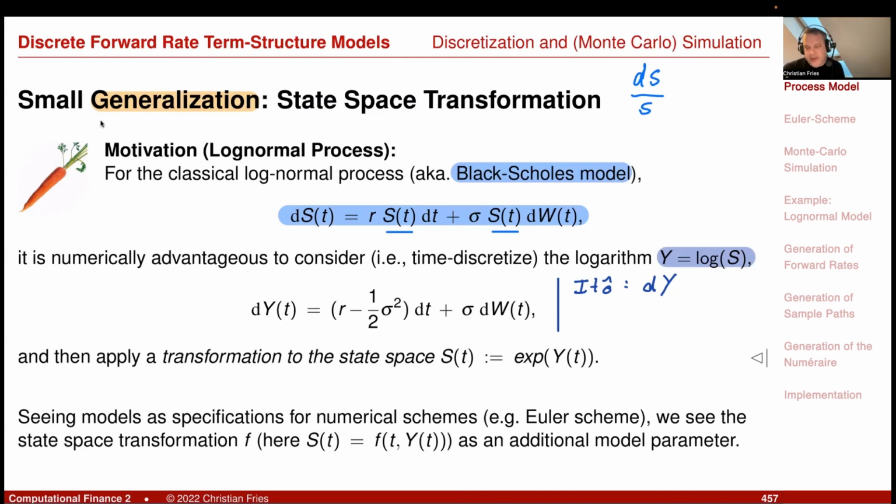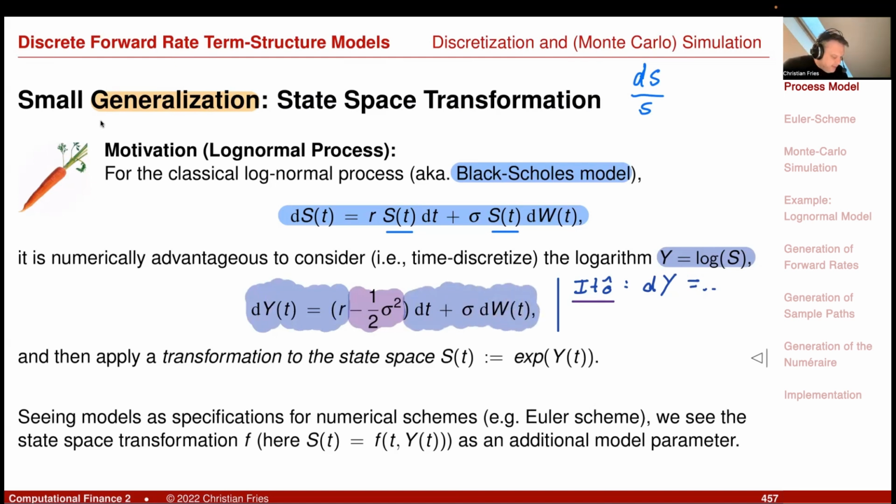Because the second order term has a 1/2 in front, I get a minus 1/2 sigma squared dt from Ito's lemma. So Ito's lemma gives me the stochastic process of y: dy = (r minus 1/2 sigma squared) dt plus sigma dW.